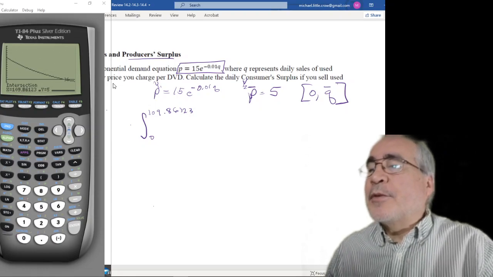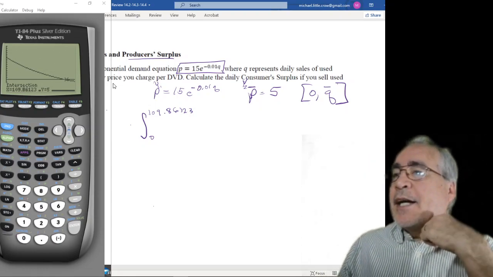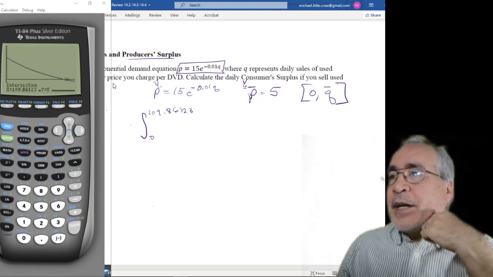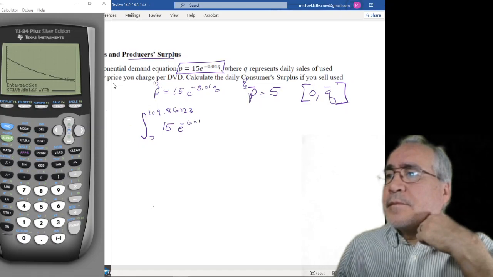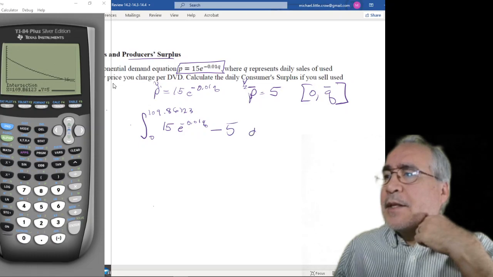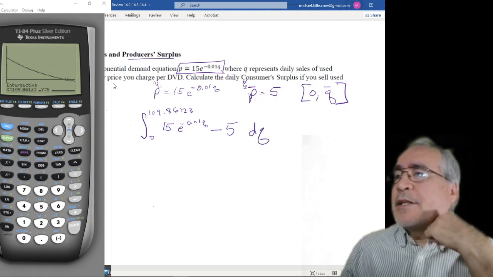I use all the decimals because I want it to be accurate. And what we've found is that we've got y1 on top, minus 5 dq. So we would integrate this.